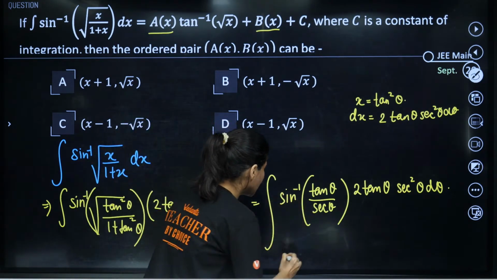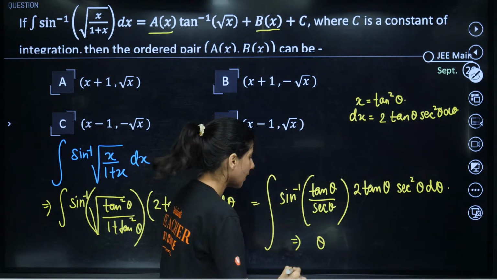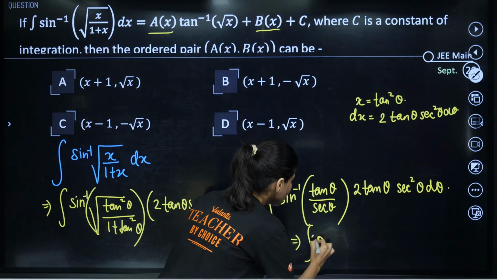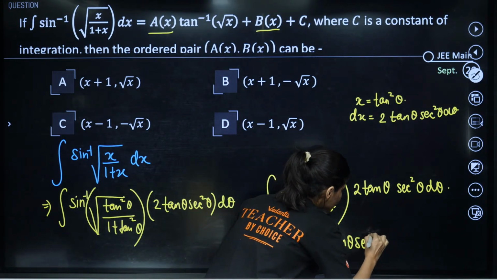So this is becoming sine inverse of sine theta, which is theta. The 2 is also there, tan theta is also there, sec square theta is also there, and d theta.